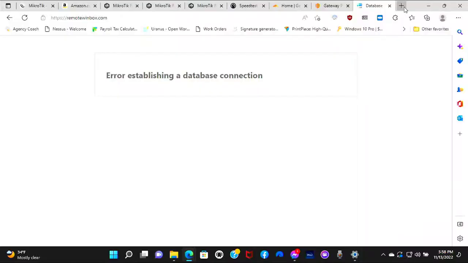I would have probably used this as an opportunity to show you the Remotewinbox, but as of earlier tonight, let me see if the site's back up. For some reason, the site went down, and right now, if you go to remotewinbox.com, here is what you see. They are having problems, and it almost looks like they're using WordPress, but I don't know.